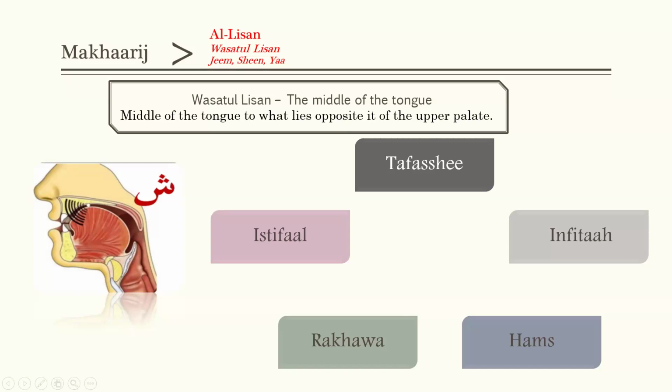So hams and rakhawa, and obviously the width of the entire tongue, these qualities are giving us the quality of tafashi. Now istifal, the back of the tongue is lowered, and obviously when we have istifal, we have infitah. The sound just freely moves out.